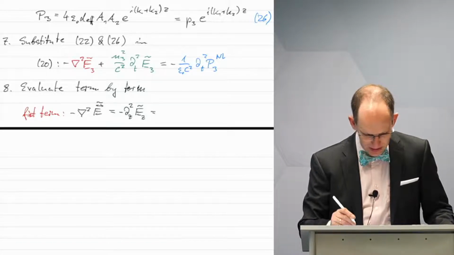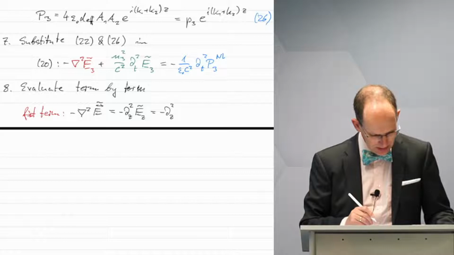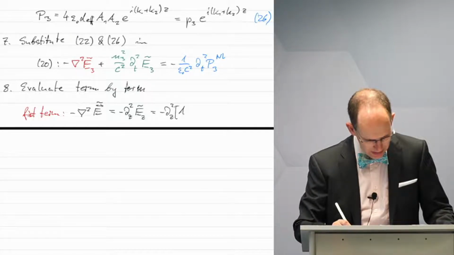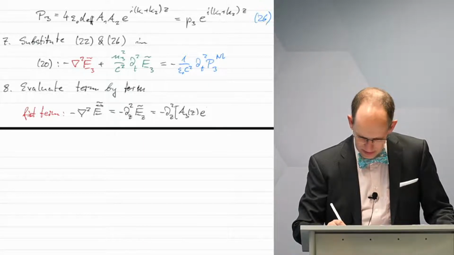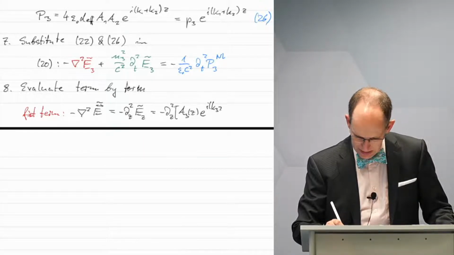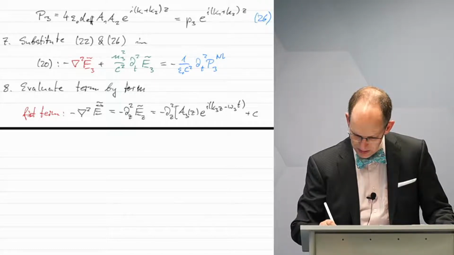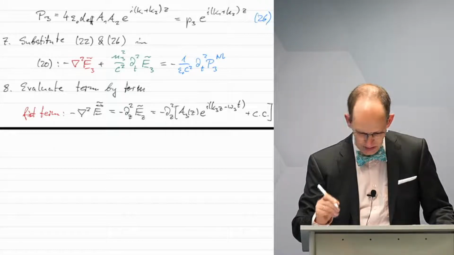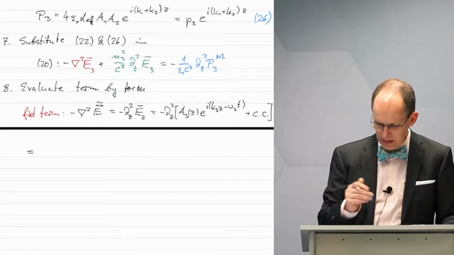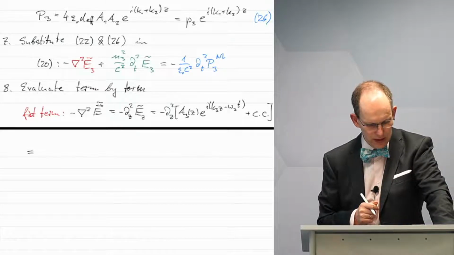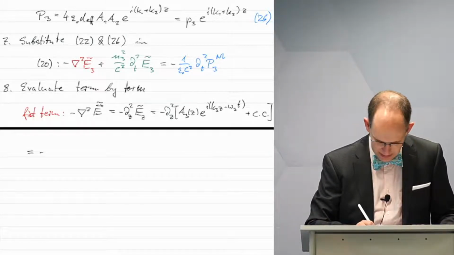And then I have to plug in. So I get minus the second derivative of a3 of z times e to the i k3 z minus omega 3 times t plus the complex conjugate. Doing this derivative is actually straightforward. I just give the result here.